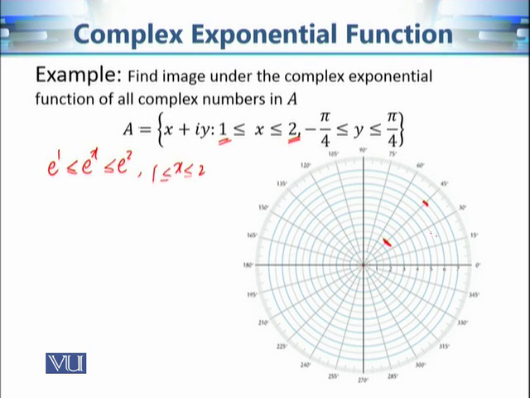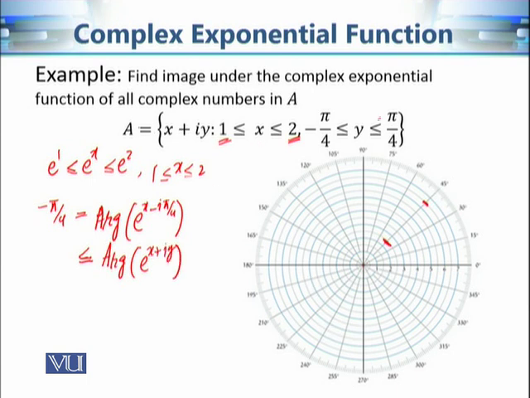And what about the argument of the output? What about their angles? For a very simple reason, -pi/4 is the argument of the complex number e raised to power x minus iota pi/4, which is less than or equal to the argument of e raised to power x plus iota y, where x and y satisfy the same conditions as given in the set A. This is less than or equal to the principal argument of e raised to power x plus iota pi/4, which is of course equal to pi/4.